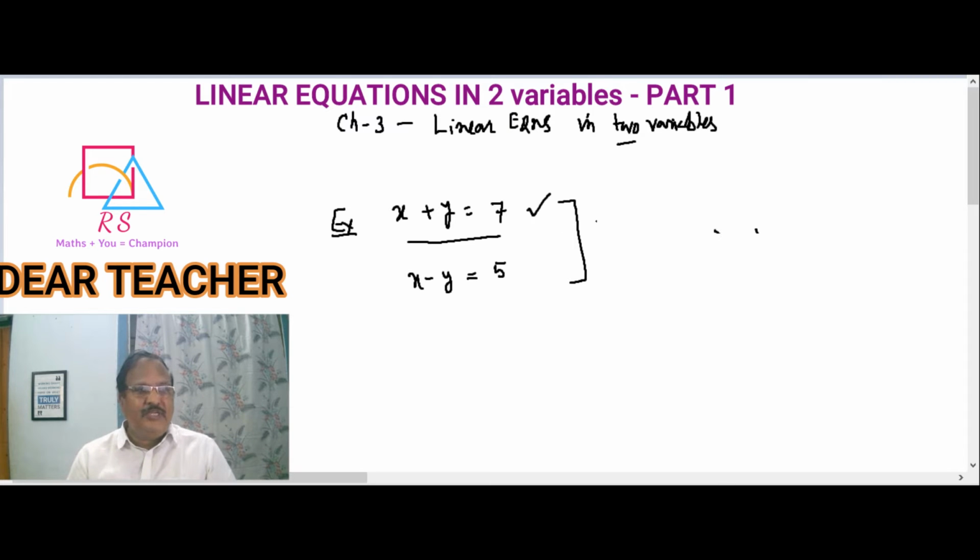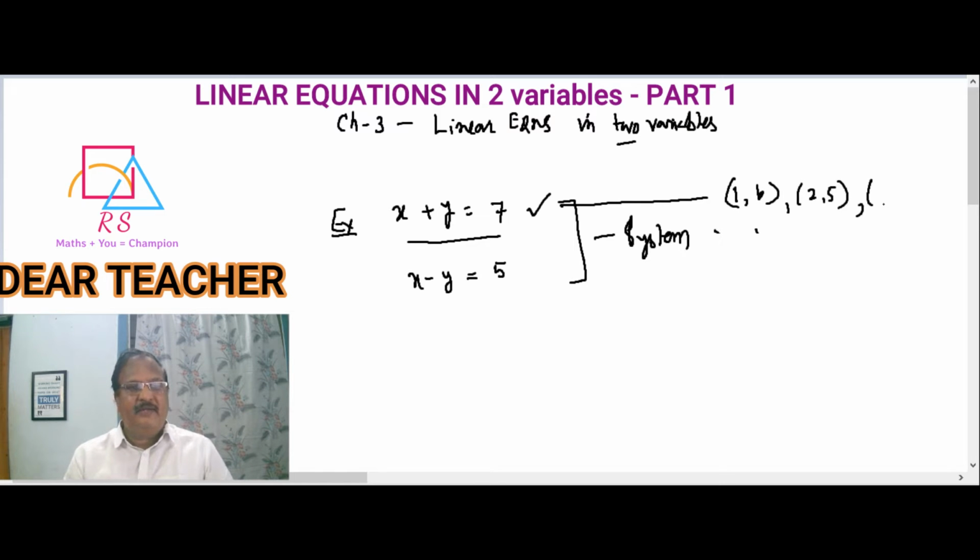So these two equations will form a system. Here 1 and 6 is a solution of the first, 2 and 5, 3 and 4, and so on. There are so many solutions.